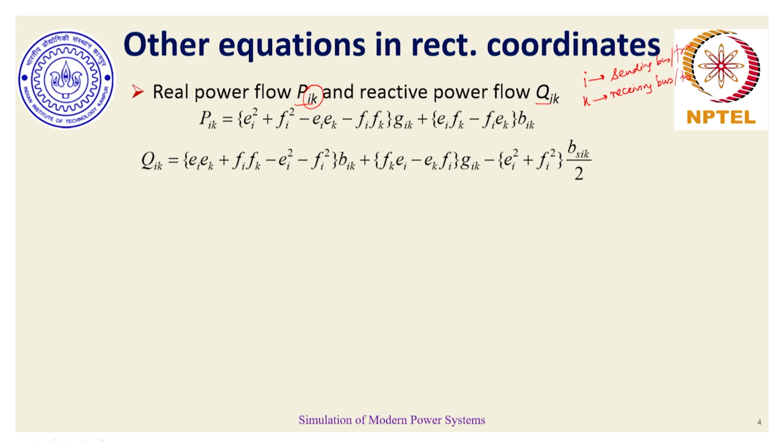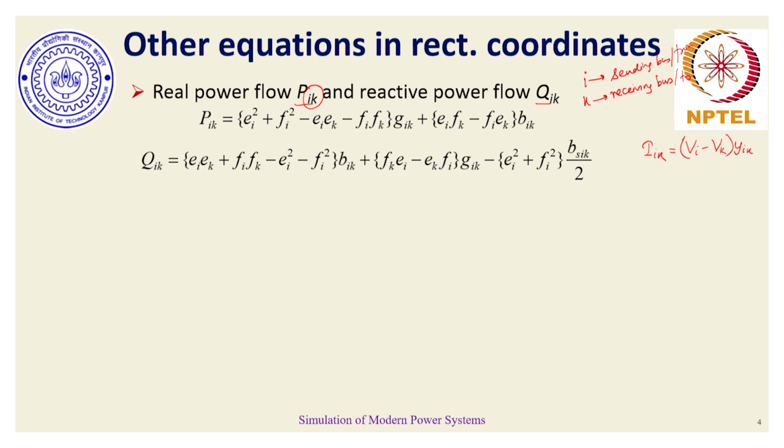Now, I would like to spend some time on these expressions of real and reactive power flows. The derivations of these remain the same as we saw in the polar version of these expressions, wherein I assumed that the current on a line between bus I and K is (Vi minus Vk) multiplied by yik.